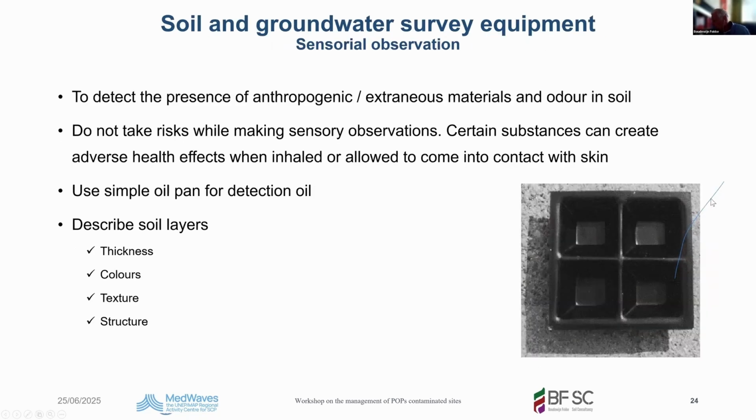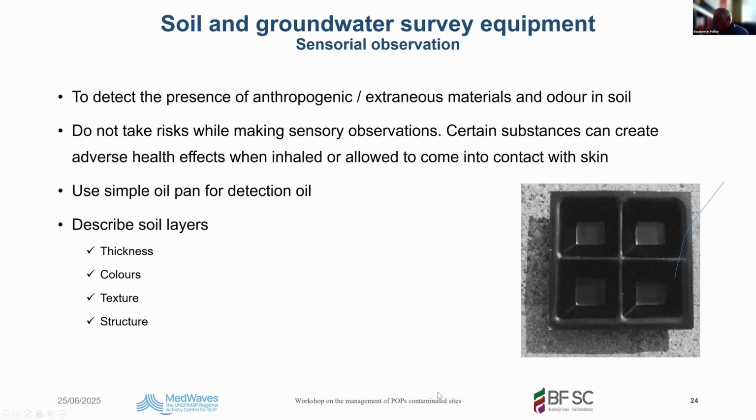We discussed earlier the sensory observation, and we discussed the oil water detection. Now this is a sample tray, and here you can put a layer of water. You drop down a piece of the same dimension and you see what film is taken to the surface.